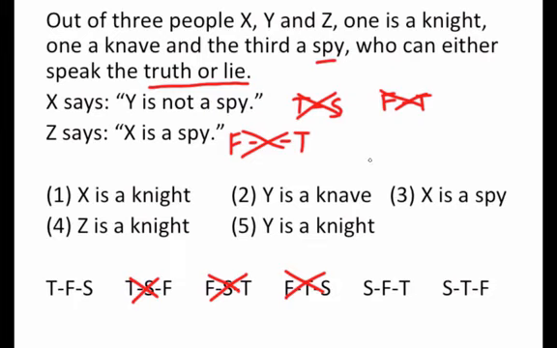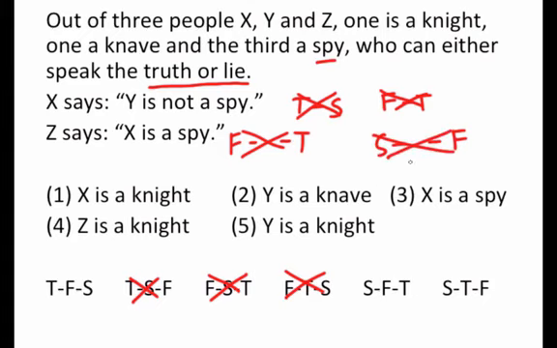And then we can also assume this first statement, or Z's statement, to be false. If we have assumed Z's statement to be false, then X cannot be a spy. False is also occupied. That means this spy thing has to be false.